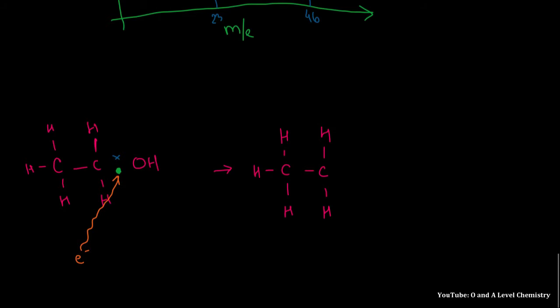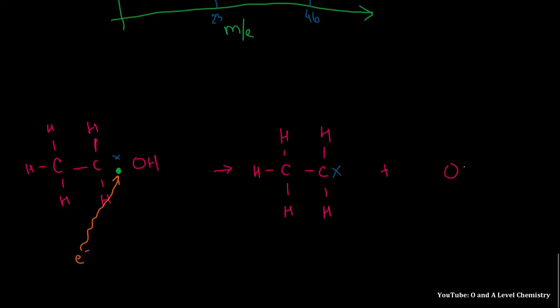So what would happen is this carbon would take its electron back, and this would become a free radical, right? If you do not know what free radicals are, they are basically uncharged species with unpaired electrons. So this one is uncharged and it has an unpaired electron. So this is a free radical.